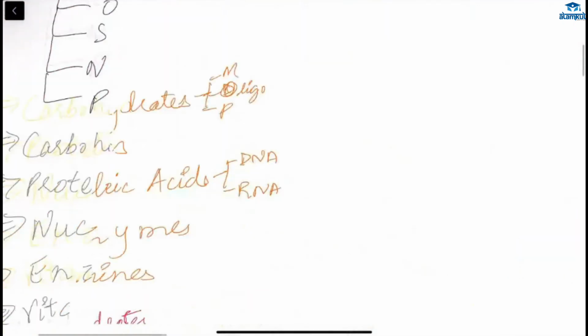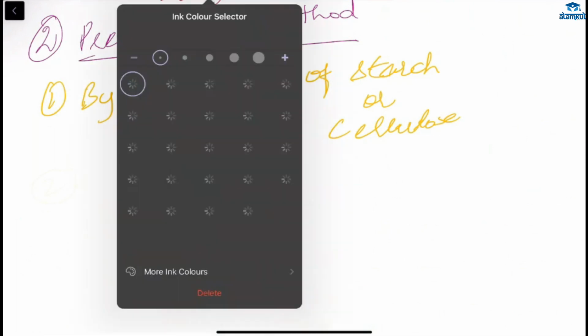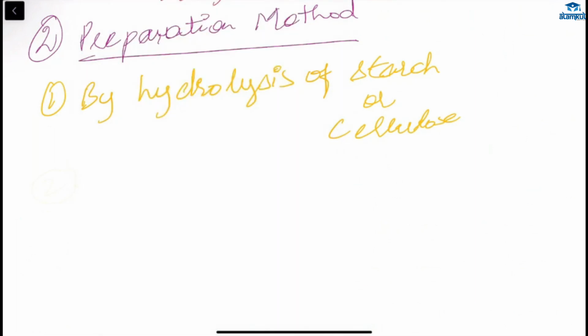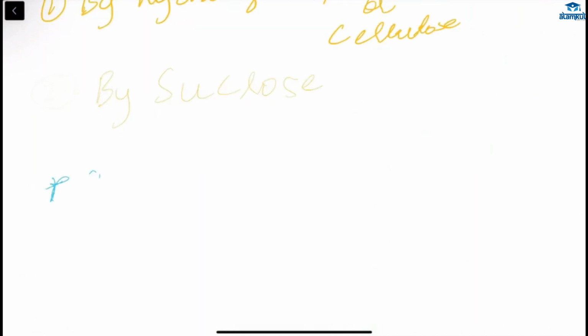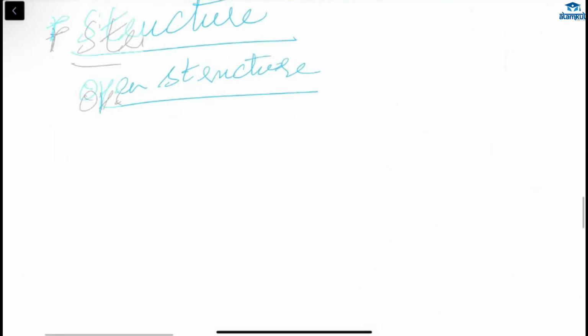Okay, the second one was glucose. So what is the structure? Structure means they have an open structure. Can you tell me how we will form the open structure? Open chain one, like this.